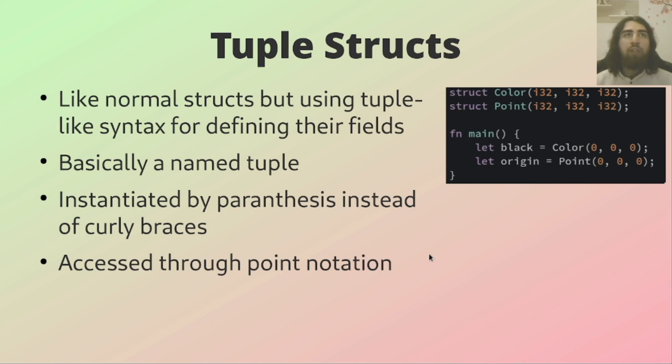Then we also have tuple structs. Tuple structs are like normal structs, but using tuple-like syntax for defining their fields. It's basically a named tuple, and it's instantiated by parentheses instead of curly braces. And its values are accessed using point notation.